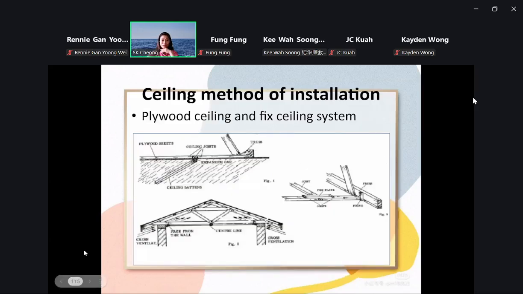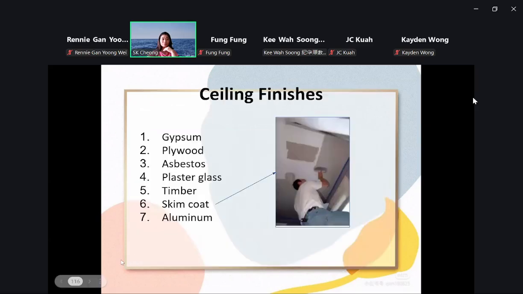So we have learned about the roof trusses, roof structure, and what is next? The roof finishes, and the ceiling finishes below here. So ceiling finishes, we will have gypsum again, same like the roof. Also, we have many types, right?